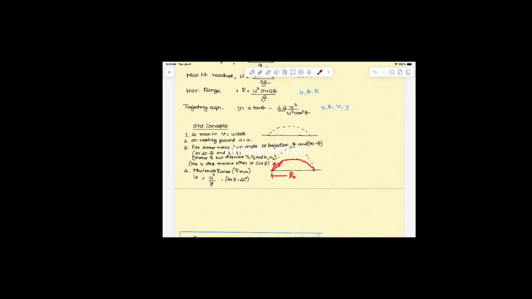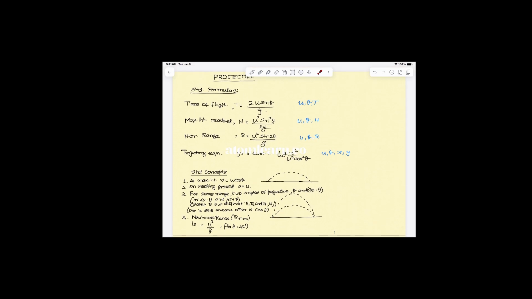The range is going to be the same for both. One is theta, the other is 90 minus theta. How is it? You just see the range formula. R is given by u squared sine 2 theta by g. Therefore, for an angle theta, it is given by u squared sine 2 theta by g.